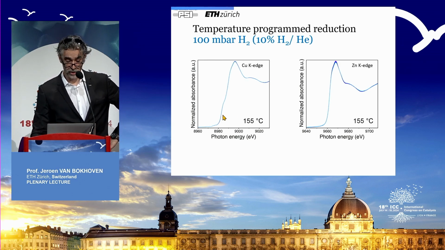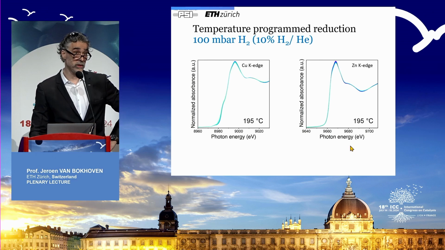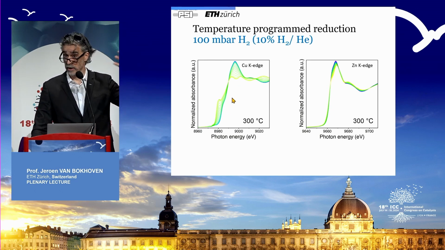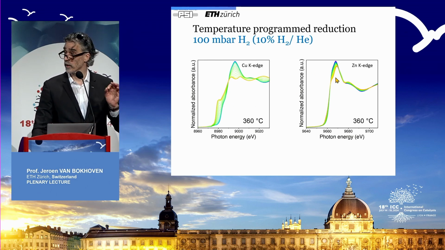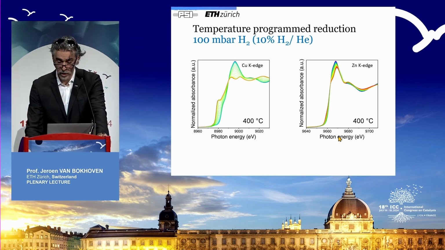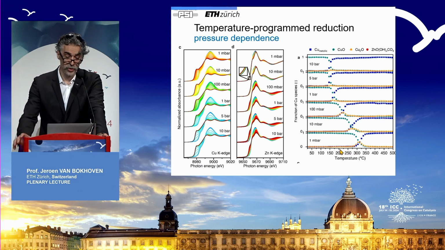You can see that there is a certain structure, and because X-ray absorption can quantitatively define the structure, you see at a certain temperature quite a few drastic changes occurring in the copper edge. Basically you go from copper(II) oxide, reducing this into copper(0). And at the moment that the copper(0) is formed, that's where the large changes are occurring in the zinc spectrum.